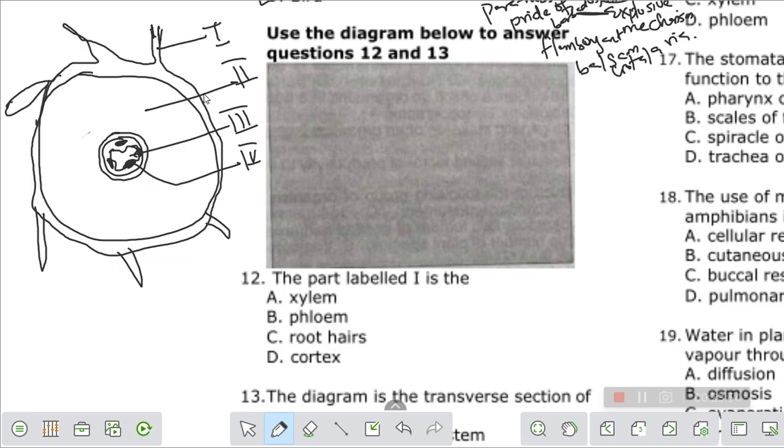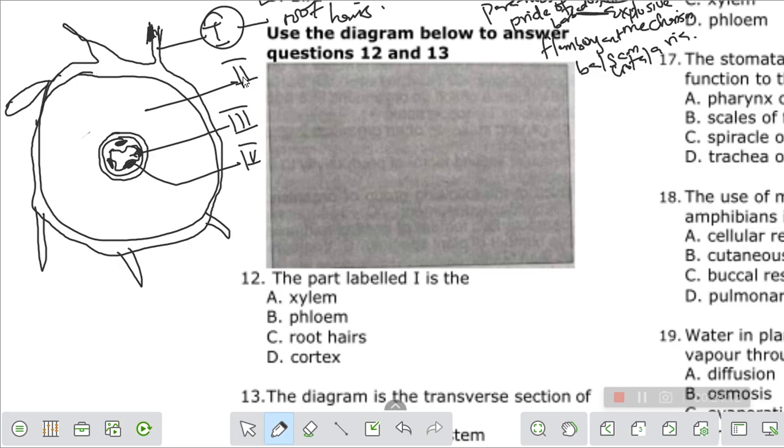Now they ask you, this diagram is the transverse section of what? The answer is the transverse section of dicotyledonous roots.